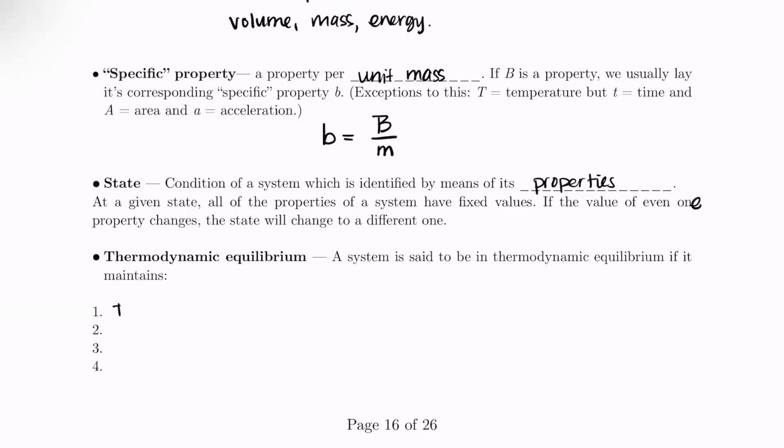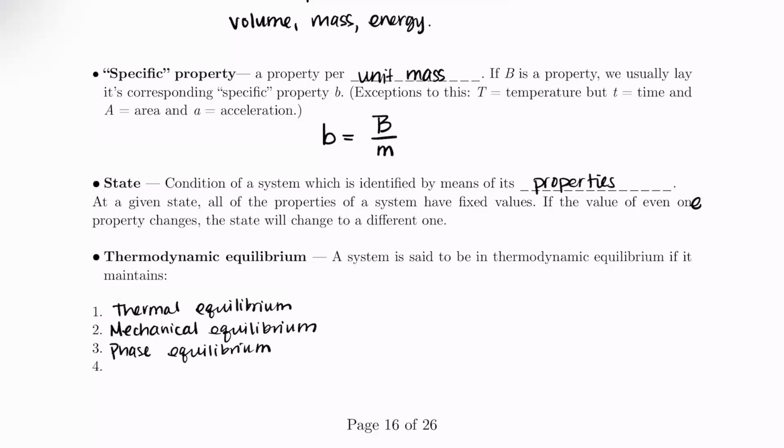Those four things are thermal equilibrium, mechanical equilibrium, phase equilibrium, and chemical equilibrium. And by equilibrium, I'm saying that each of these four things is not changing, right? We're in a balance.